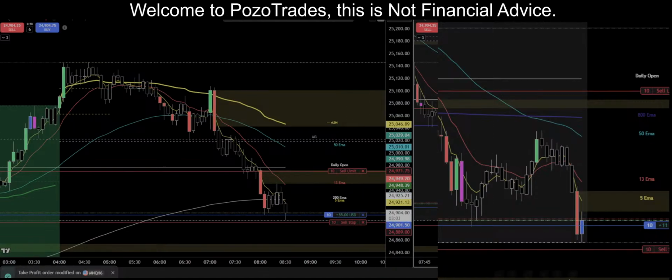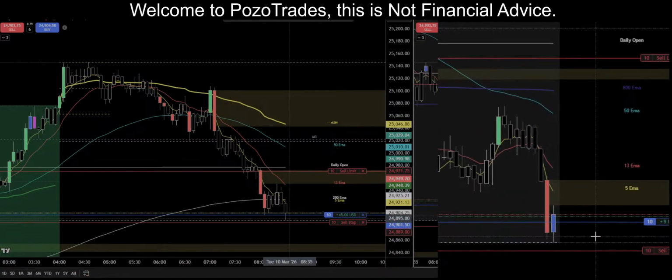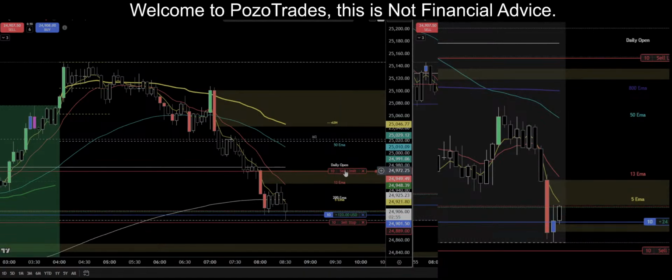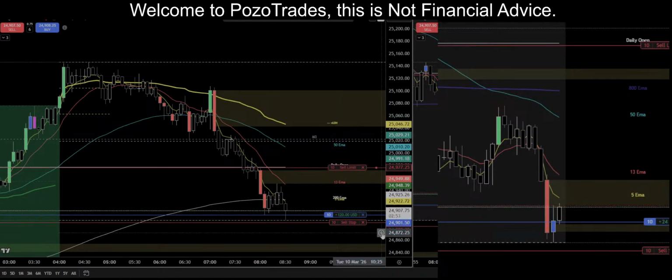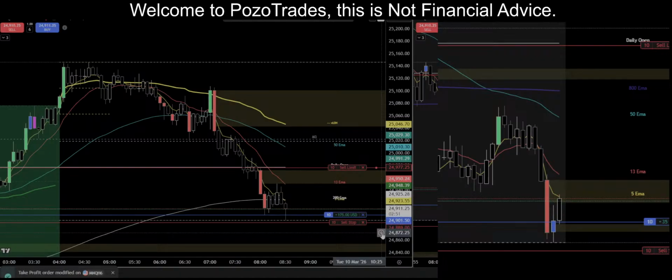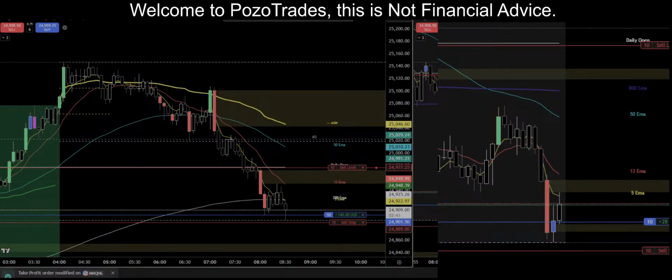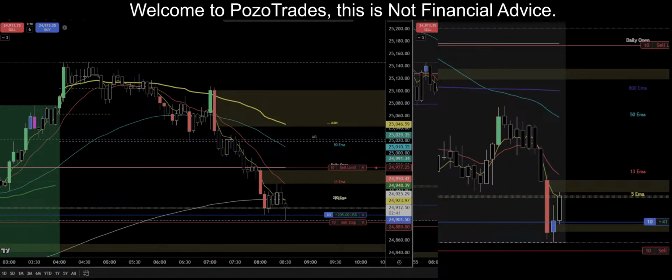Can't really give this much room. Could chop here.